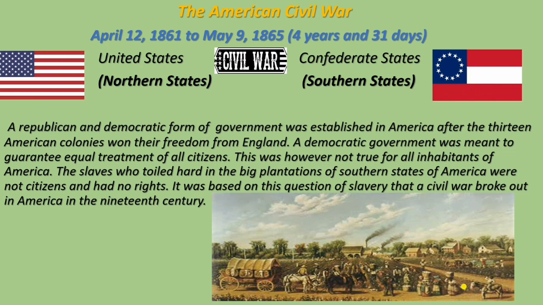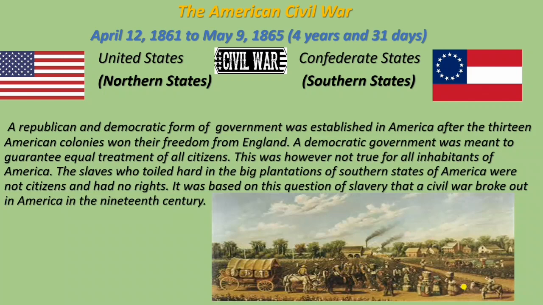As we studied in the previous chapter about the American War of Independence, the 13 American colonies struggled for their independence and finally got success. On 4th July 1776, the colonists announced the Declaration of Independence and thus came into existence the United States of America, and they adopted the democratic form of government.